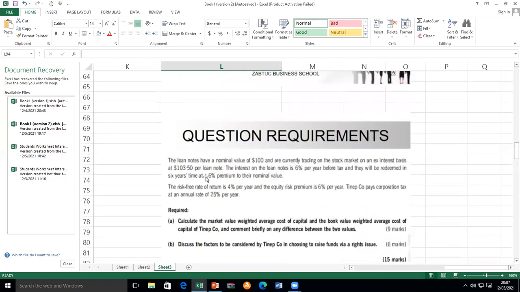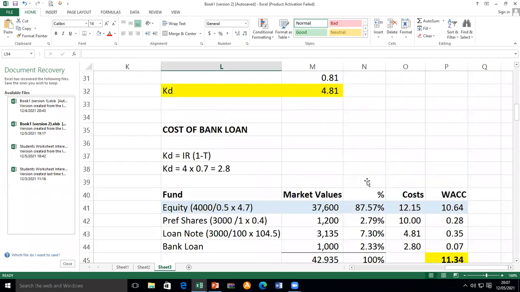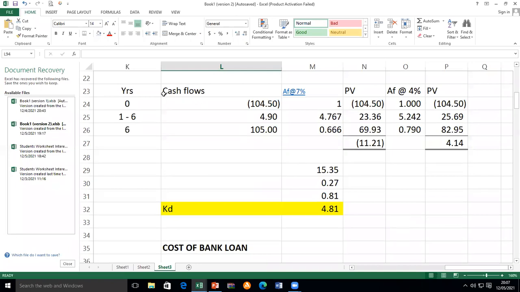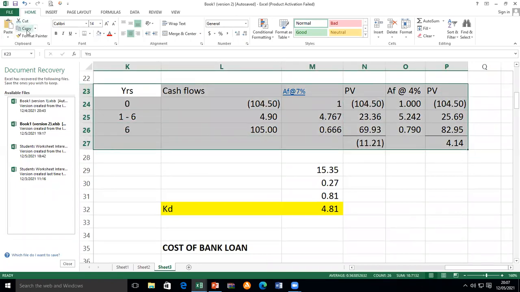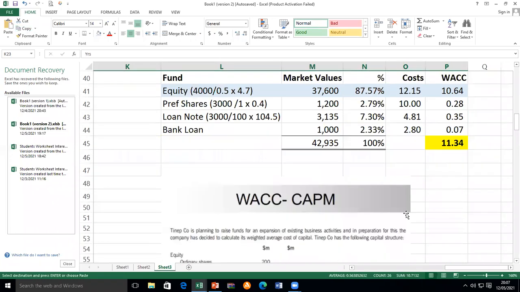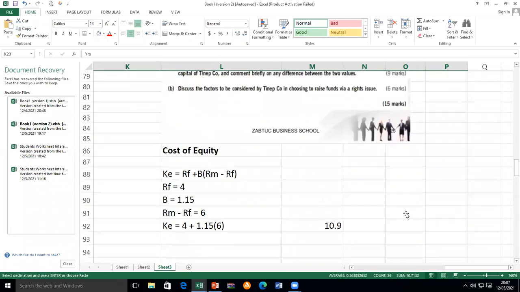The cost of debt. Loan notes have a nominal value of 100, trading at 103. The interest rate is 6, and they redeem in 6 years' time at a premium. They built it with a spreadsheet.